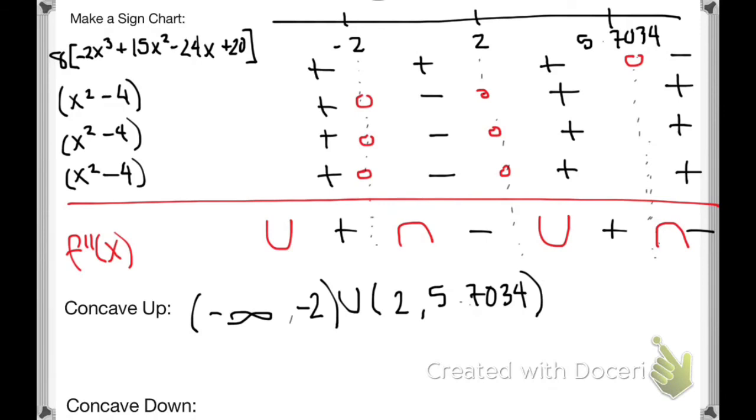And between our value of negative 2 and 2, we see that we have an interval of concave down. And between 5.7034 and positive infinity, we have another interval of concave down.